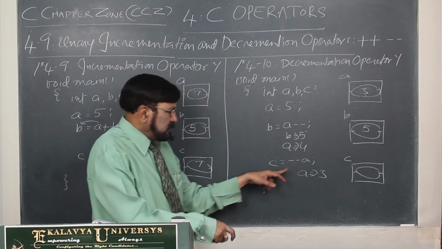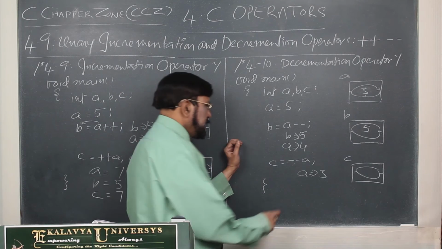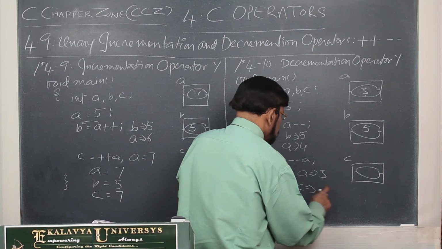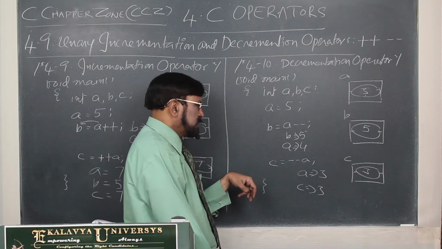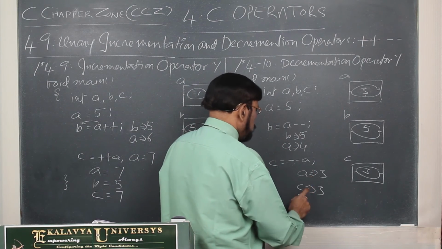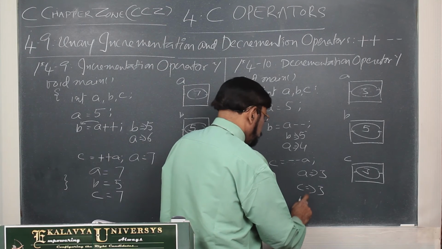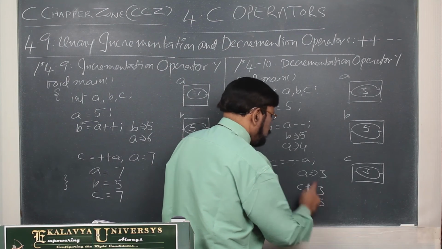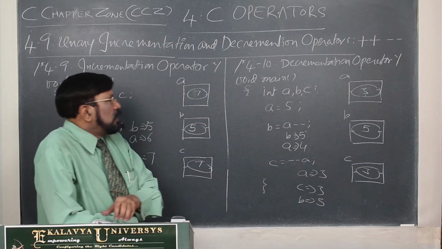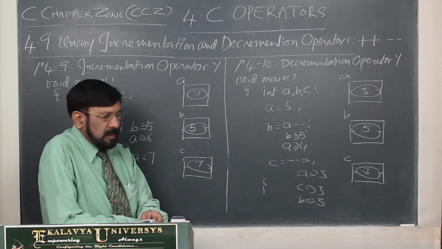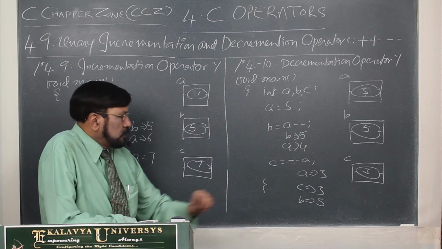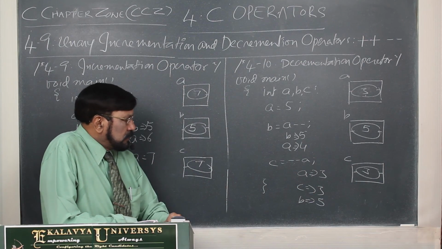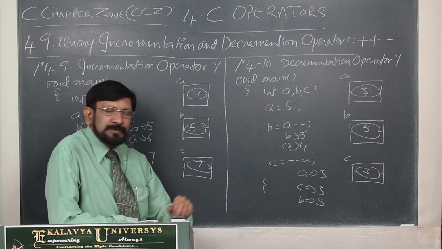Then that is assigned to C. Then C's value is also 3. So the final result is A is equal to 3, C is equal to 3, and B is equal to 5. This is the output of the 4.10 program: A is equal to 3, B is equal to 5, C is equal to 3.